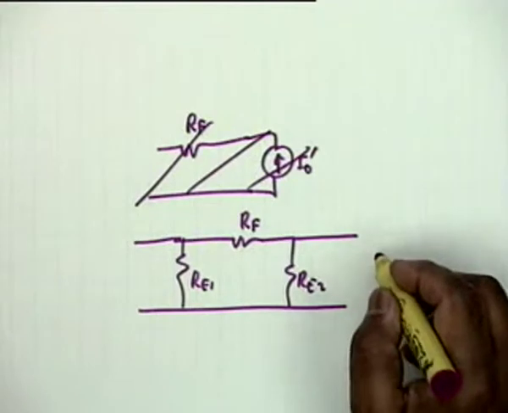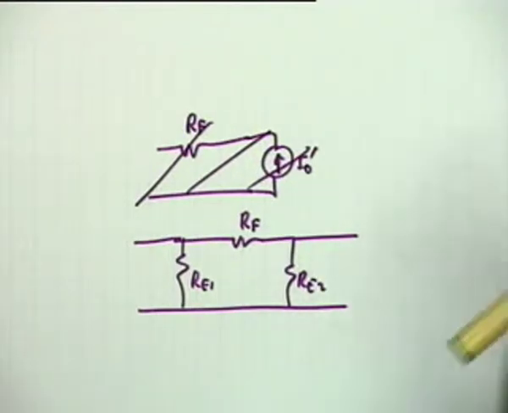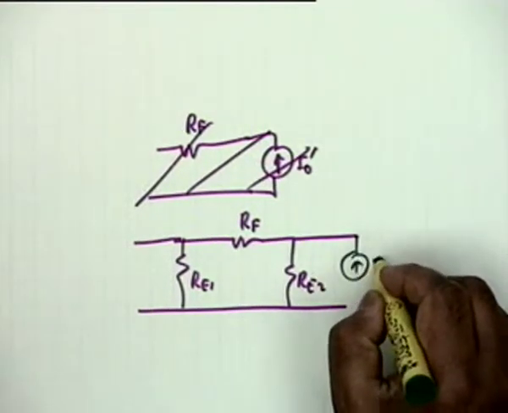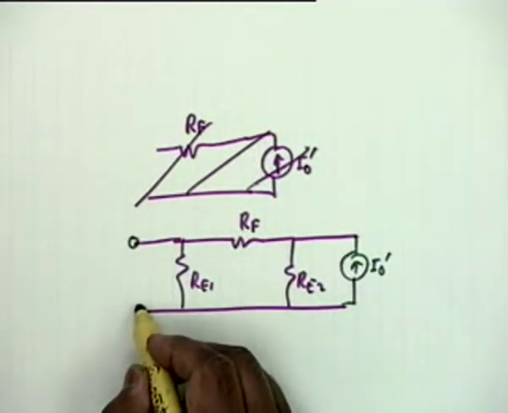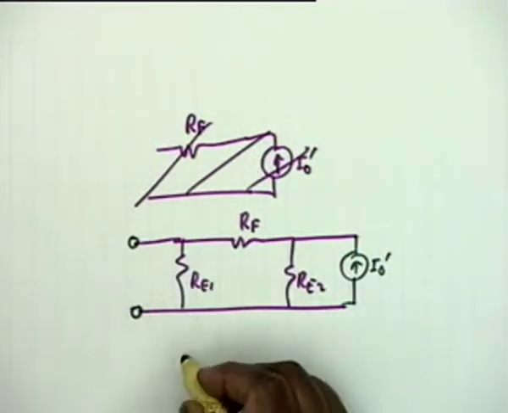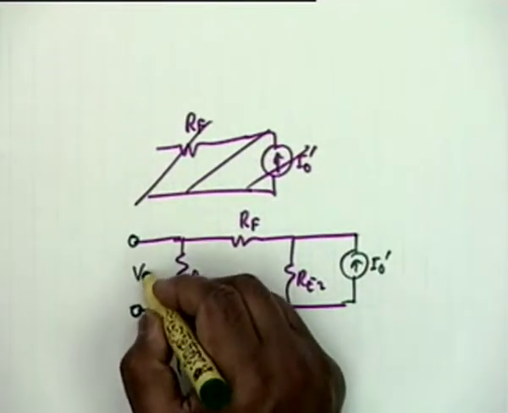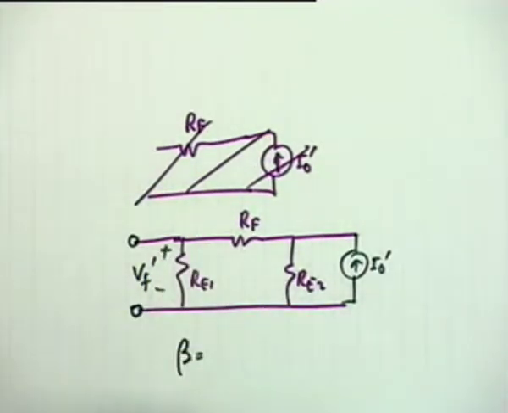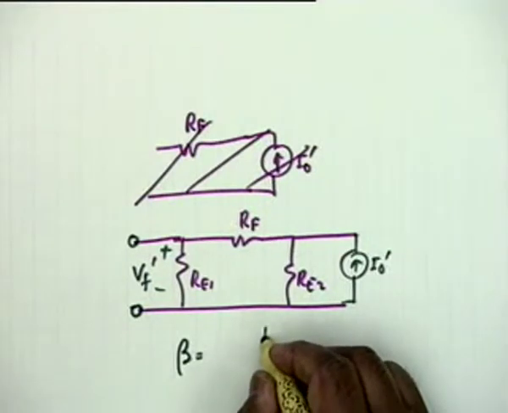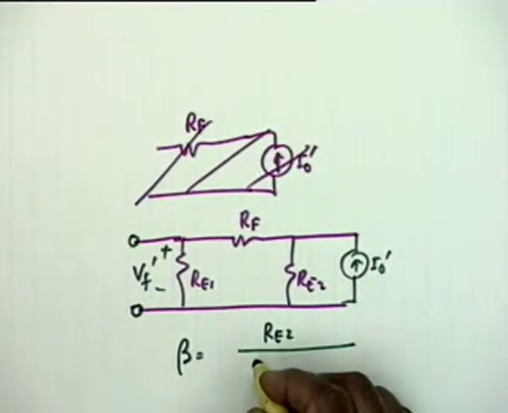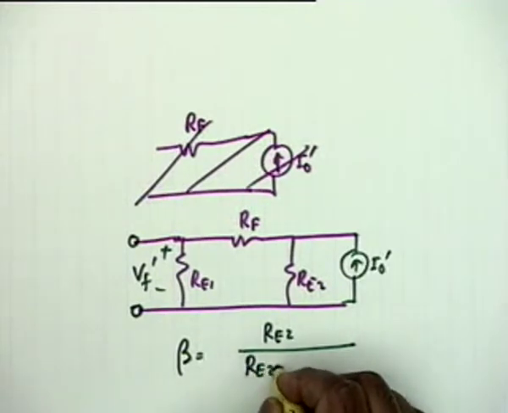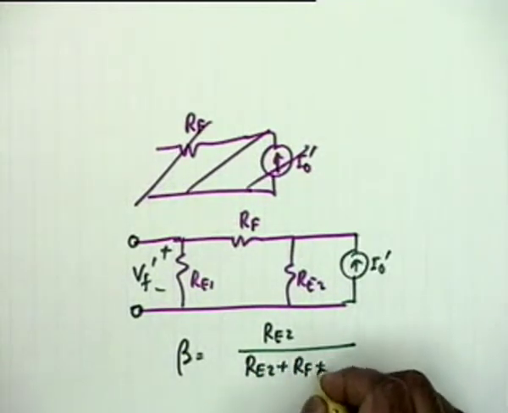Okay. So this is the beta circuit, and I have to apply a current I0 prime and keep this open, and therefore beta here, this is VF prime, beta here would be RE2 again by inspection divided by RE2 plus RF plus RE1.